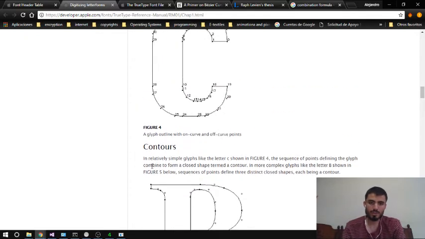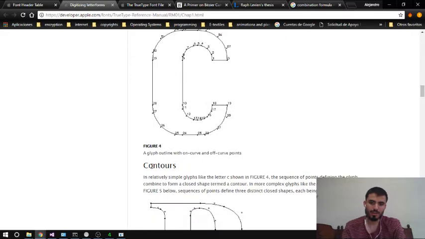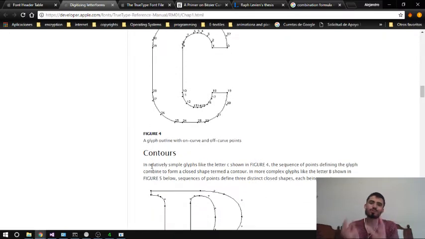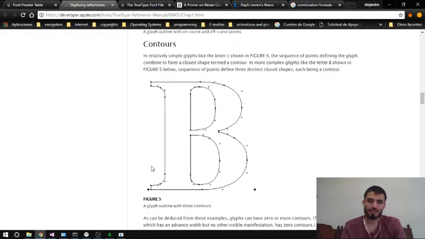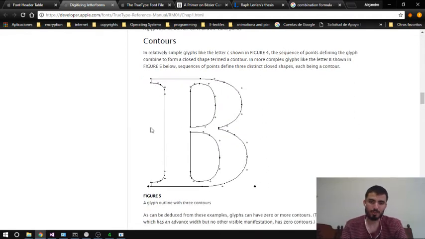Okay, so the C is a complete contour by itself, but letter B has 3 contours. Probably this is 1, this, or this, 1, 2, 3.